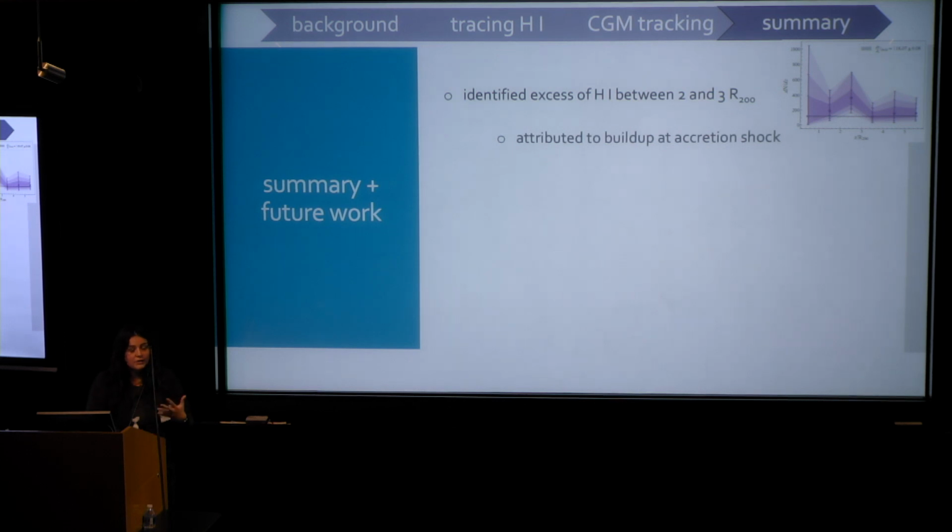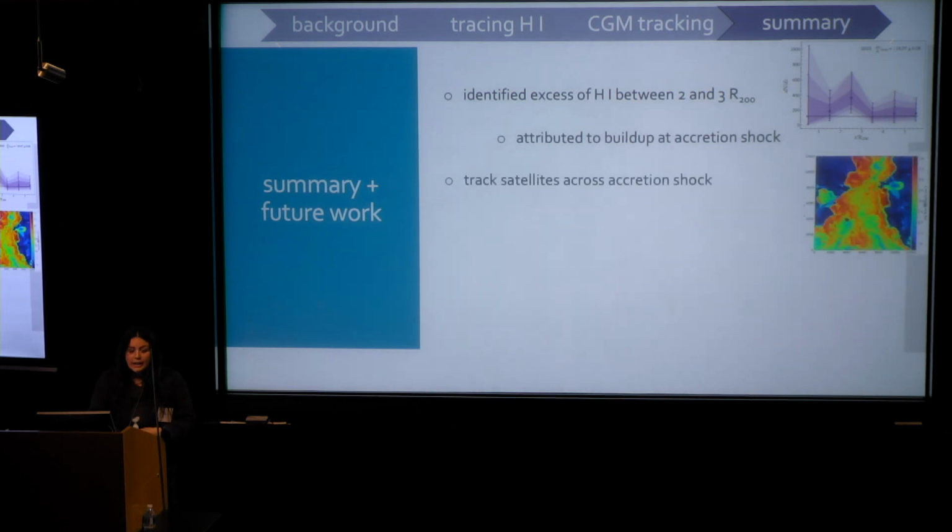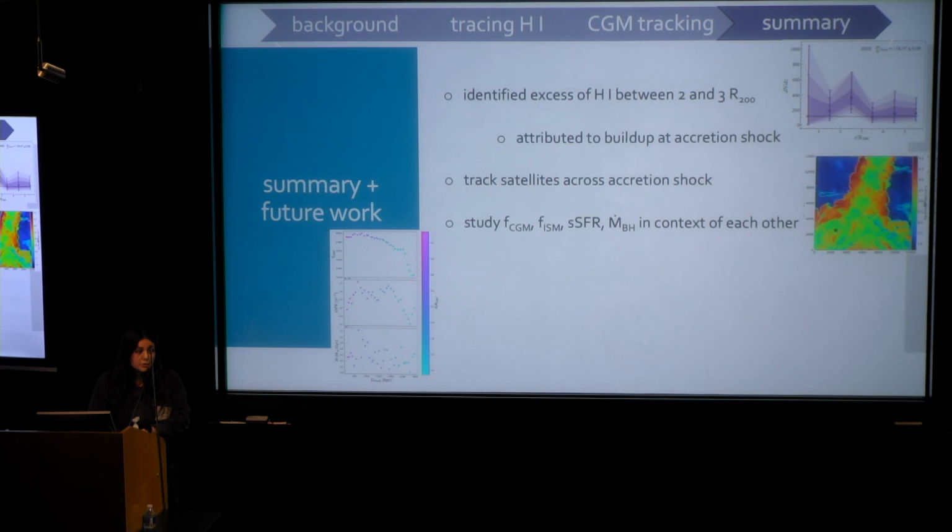So in summary, I have identified this excess of HI observationally, between 2 and 3 R200, that we are attributing to the location of the accretion shock front. I have in TNG now begun to track satellites across this accretion shock to identify if there's any stripping of the CGM. I'm studying not only the CGM, but other parameters that could be indicators of quenching at the same time.